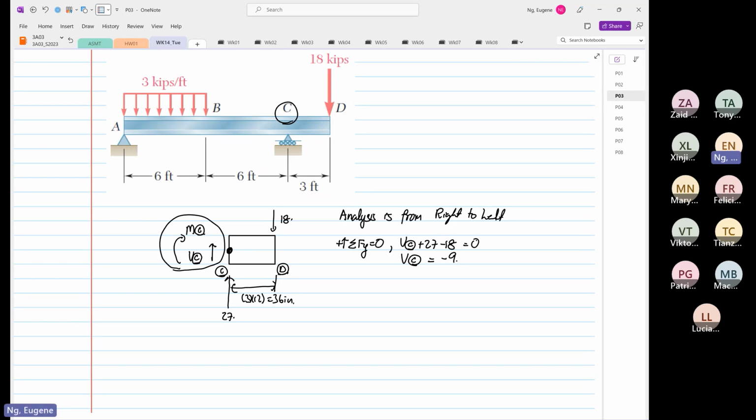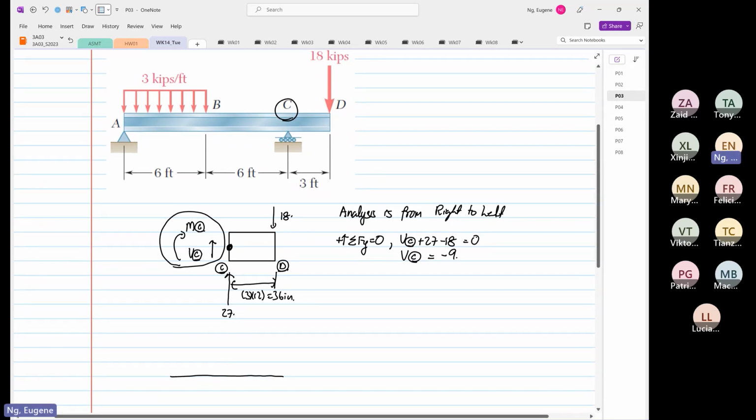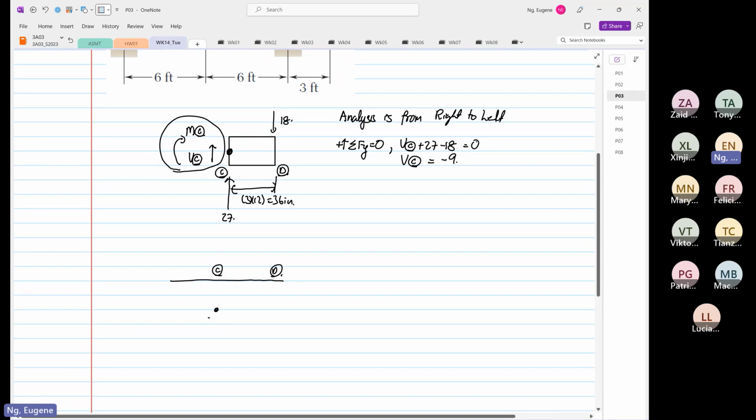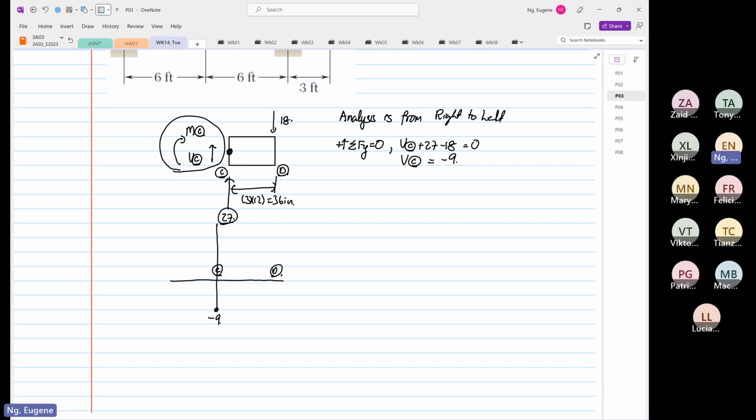Minus 9. If I'm going to sketch, this is our point C, and this is our point D. At point C it is at minus 9, but down here it's going to go up by 27. So minus 9 plus 27 is equal to 18.